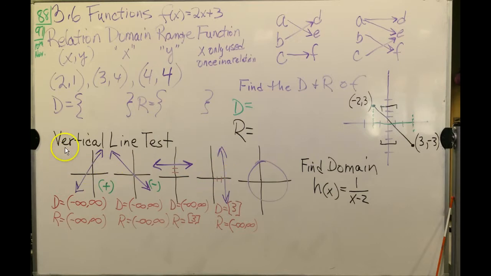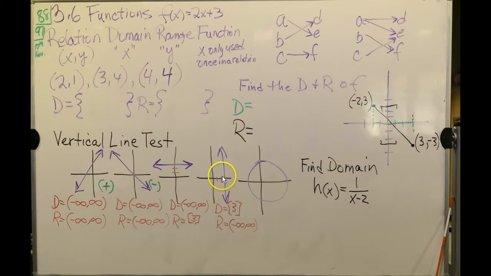Now here, that vertical line will only intersect in one place as you move it across. The same here. Only one place. The same here. Only one place. So these are examples of passing the vertical line test, intersecting in only one place as you move from left to right. These first 3 are functions.